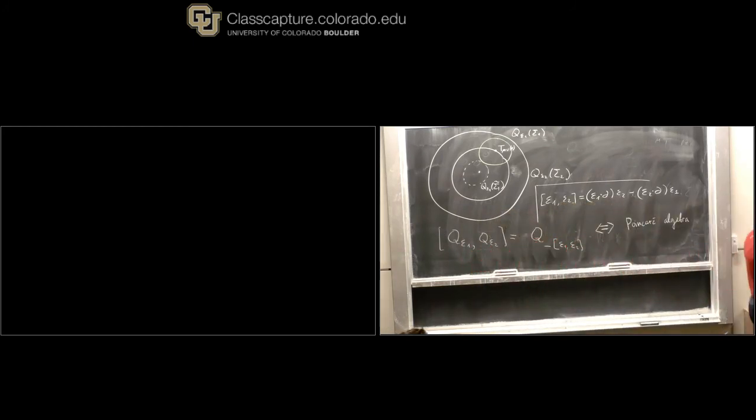Later in this course, I'm going to talk about quantization in detail, and there it will hopefully become more clear what is the relation between the two pictures. Right now I'm just saying, I have a bunch of local operators and I have a machine. These Q epsilons are just a crank, which allows me to start with some local operators and produce more local operators by acting with Q epsilon.